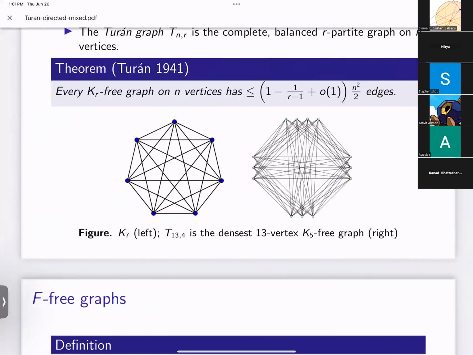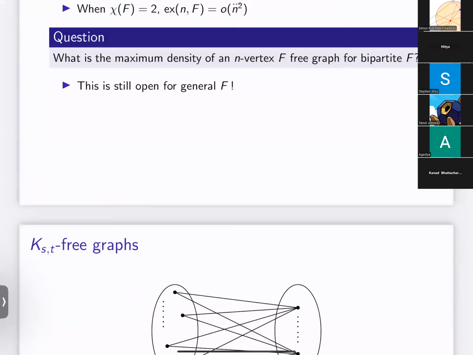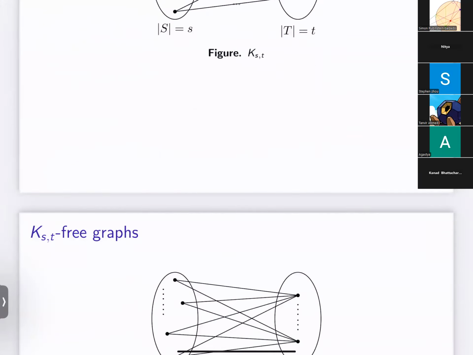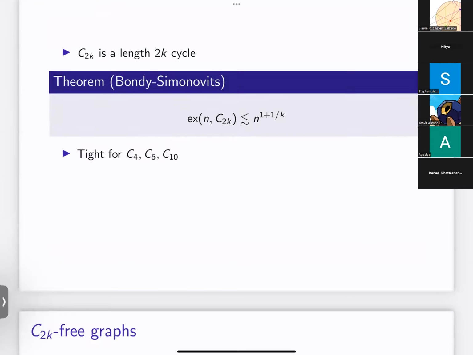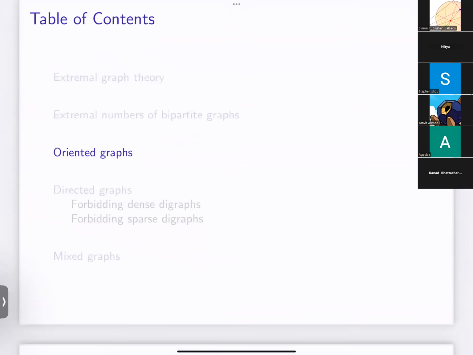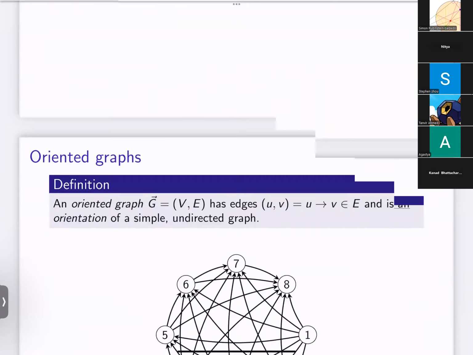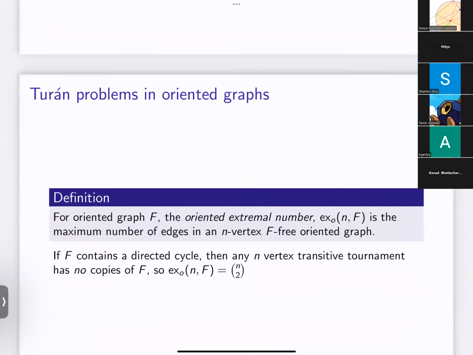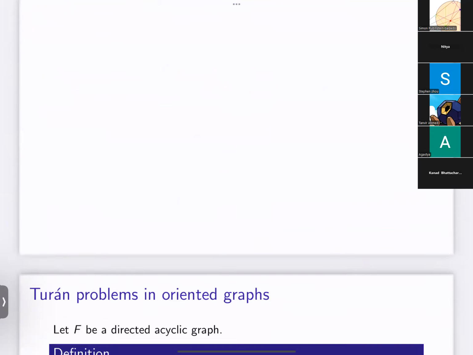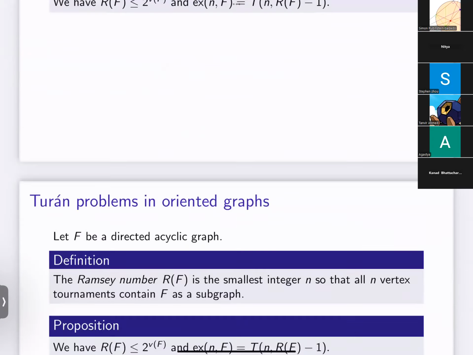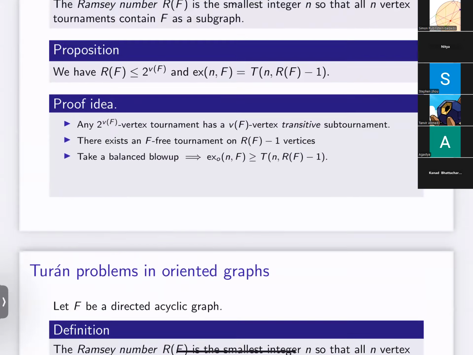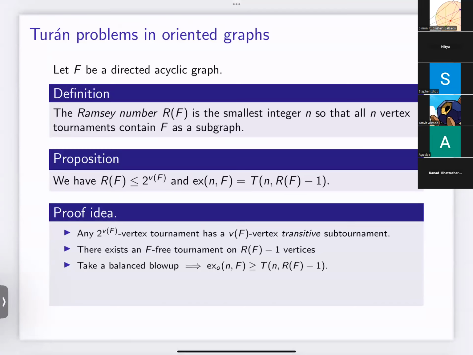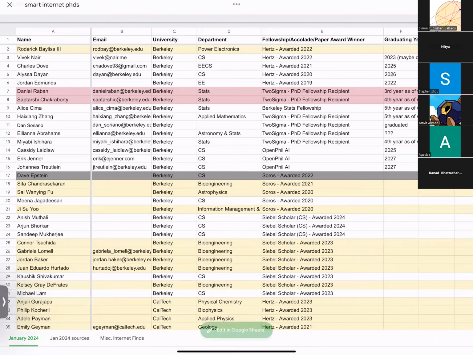So we're going to do the exact same thing here. Now we have n vertices, and we're going to group them up as equally as we possibly can.